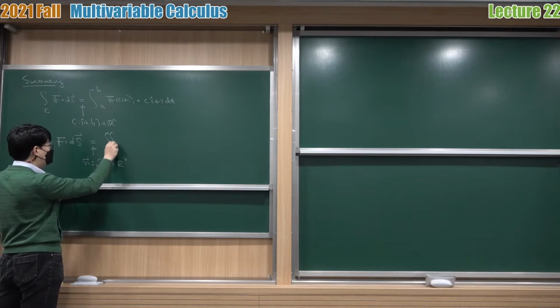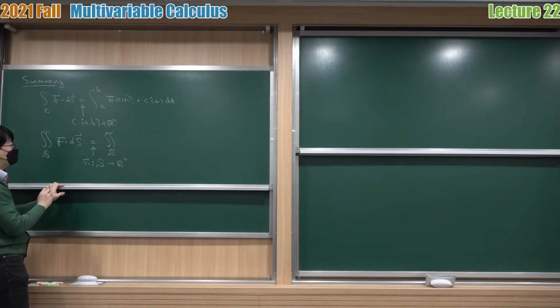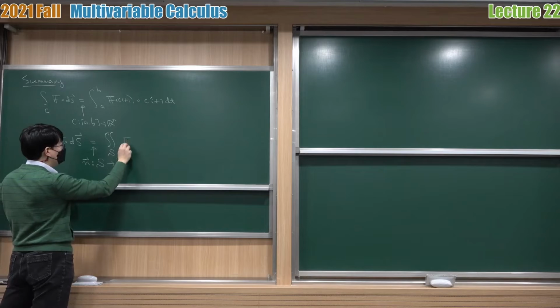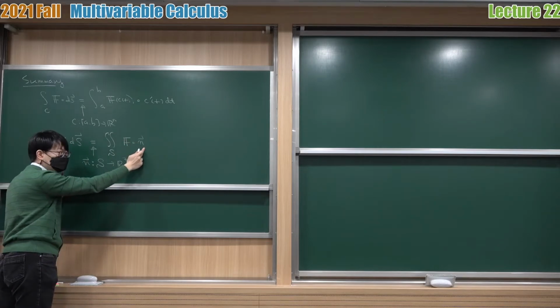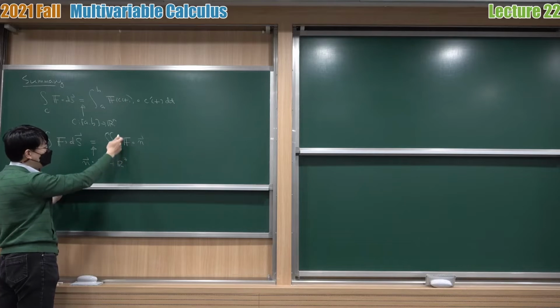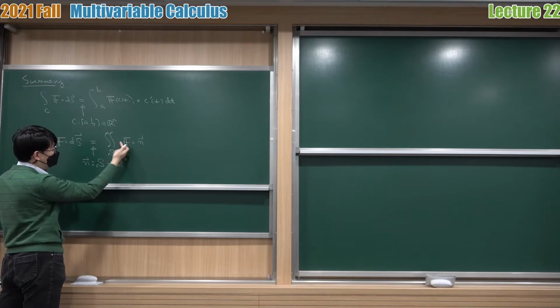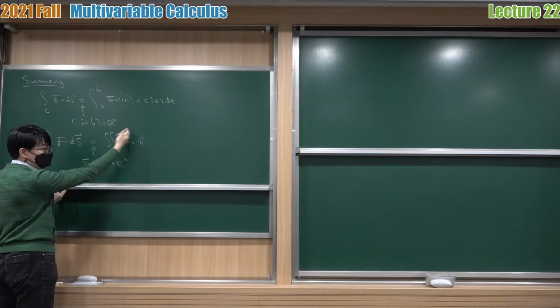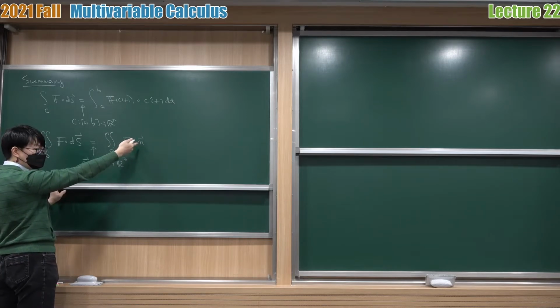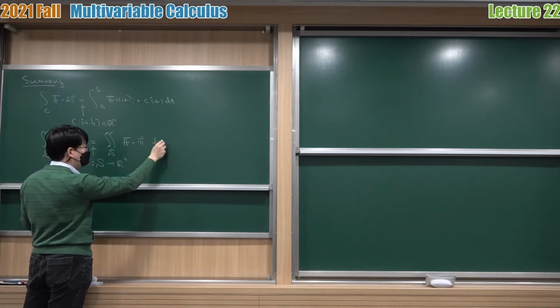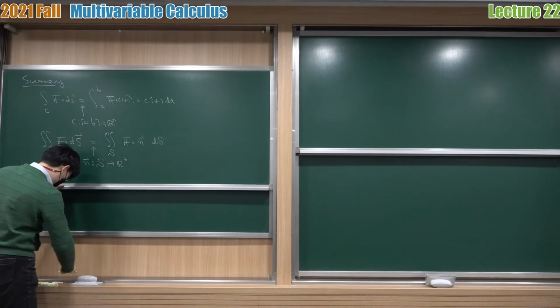Given that, what we're going to compute is the double integration of this scalar field, a scalar number. So basically we're taking the inner product of F and n. So it will be a function of S, a function defined on S. And we're going to integrate that on S. Okay.